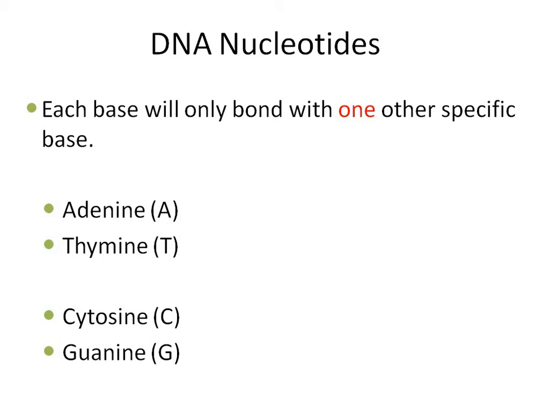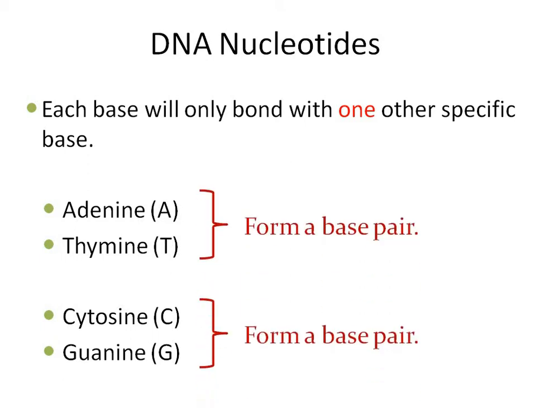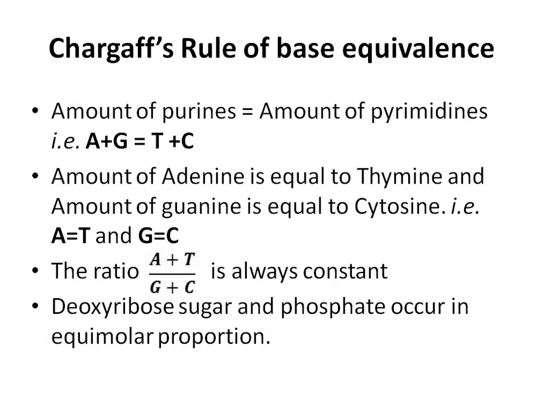This pairing was actually proved by the work done by Chargaff. When Chargaff was studying the amount of these nitrogen bases in different molecules, he came to this conclusion, and these conclusions we refer to as Chargaff's rule of base equivalence.